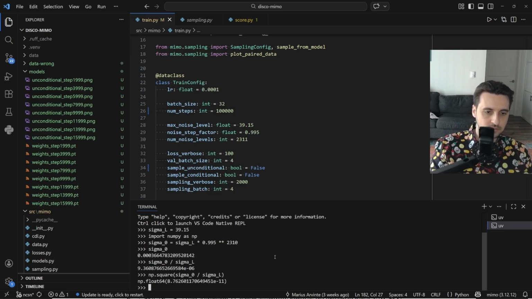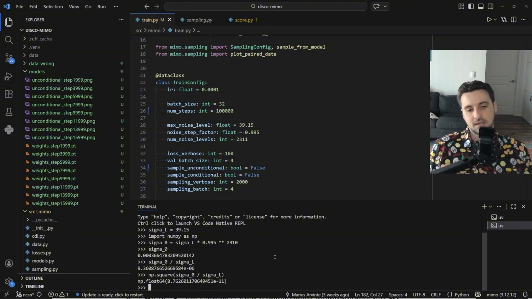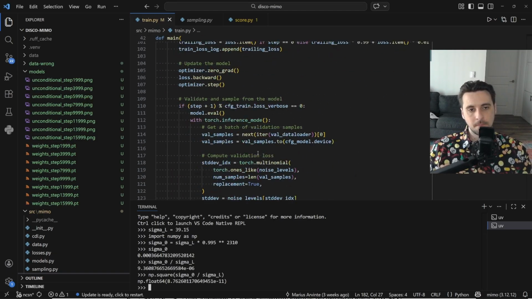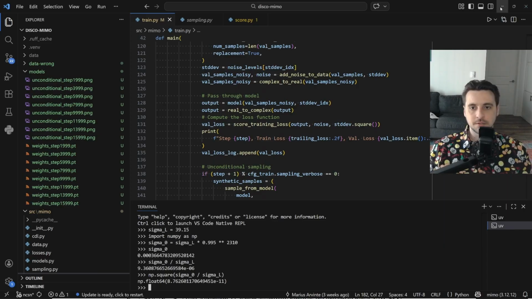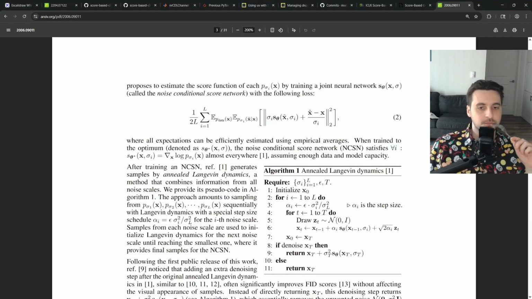Square. 8 times 10 to the minus 11. This is if I pick epsilon equals 1. This is alpha 0 if I pick epsilon 1. I'm not supposed to pick epsilon 1.